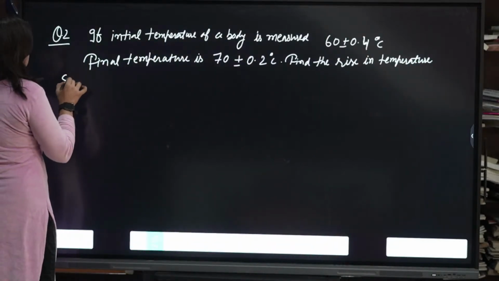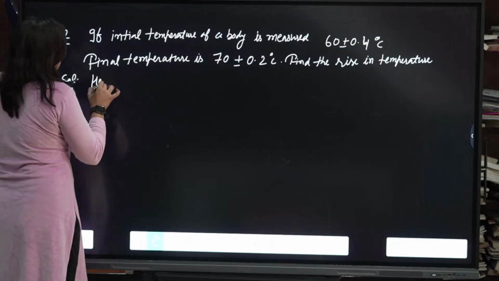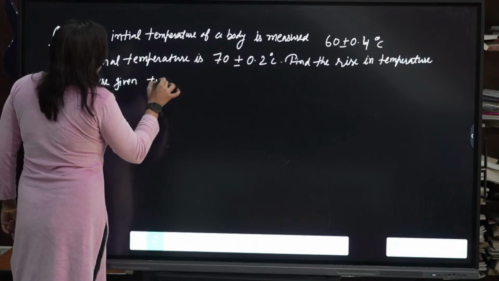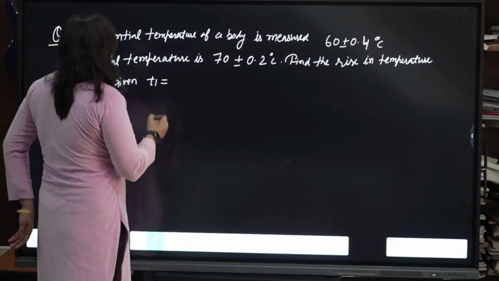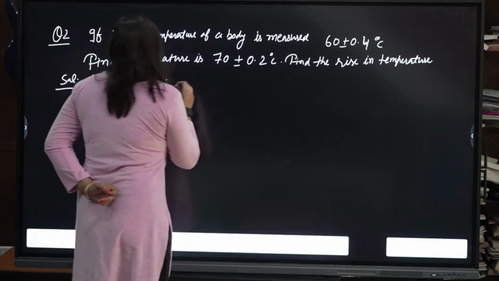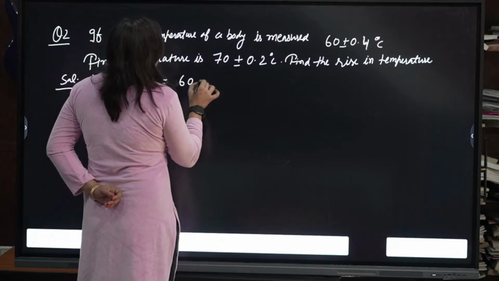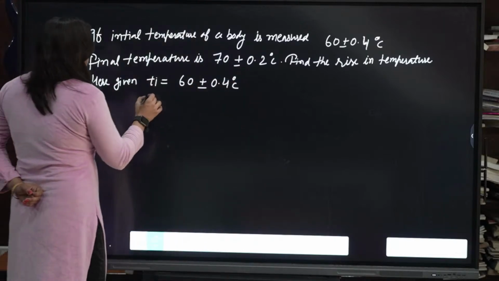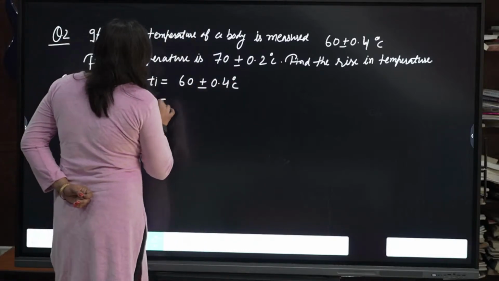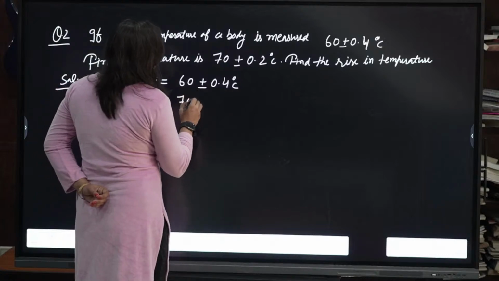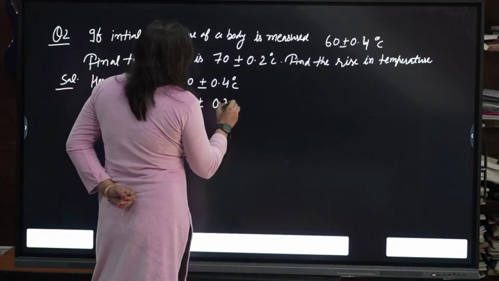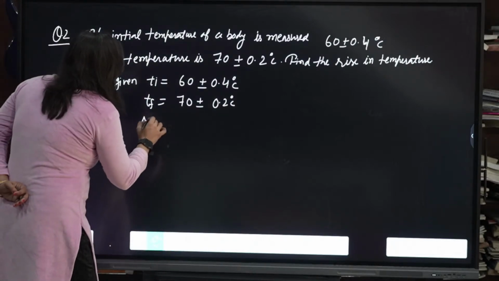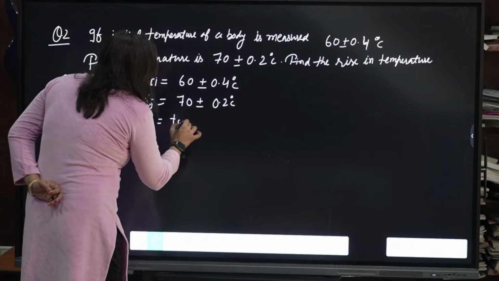When you solve it, here given Ti, you consider initial, 60 plus minus 0.4 degrees Celsius, and Tf, maybe you can write T2 or Tf, it is 70 plus minus 0.2 degree Celsius. Here we find out the rise in temperature. Then del T is equal to Tf minus Ti.